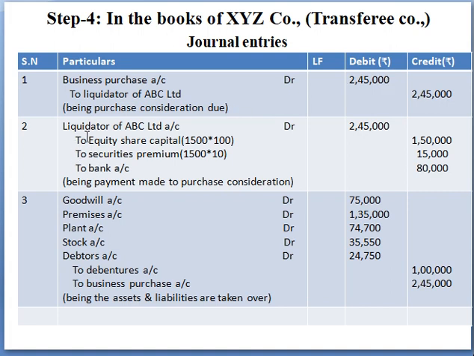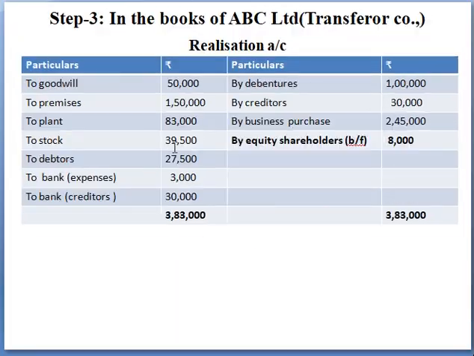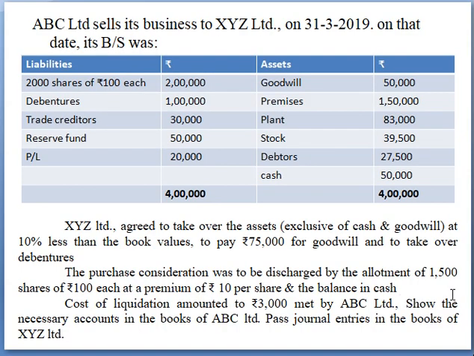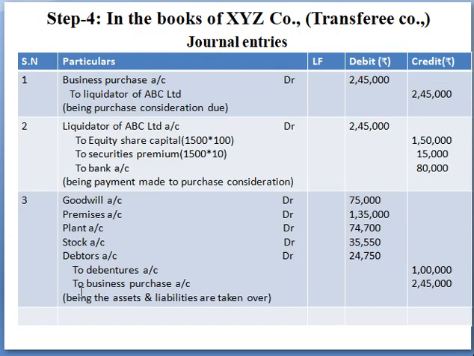Now calculate. See here, liquidator of ABC Limited account debit 2,45,000 to equity share capital. So how many shares are issued? Which is given, right? So 1,500 shares of rupees 100 each. So 1,500 shares into 100 each is rupees 1,50,000. And next is 10 rupees premium also is there.